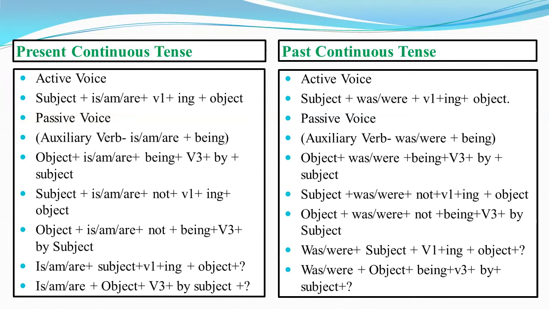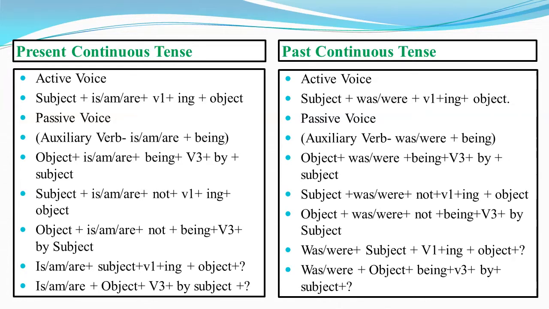Okay, and in interrogative sentences, in active voice, we will write is/am/are first, then subject, and then first form with ing, and then object, and then question mark. And while making passive voice, we will write is/am/are first, then object, then third form of verb, then by, and then subject, and then question mark.